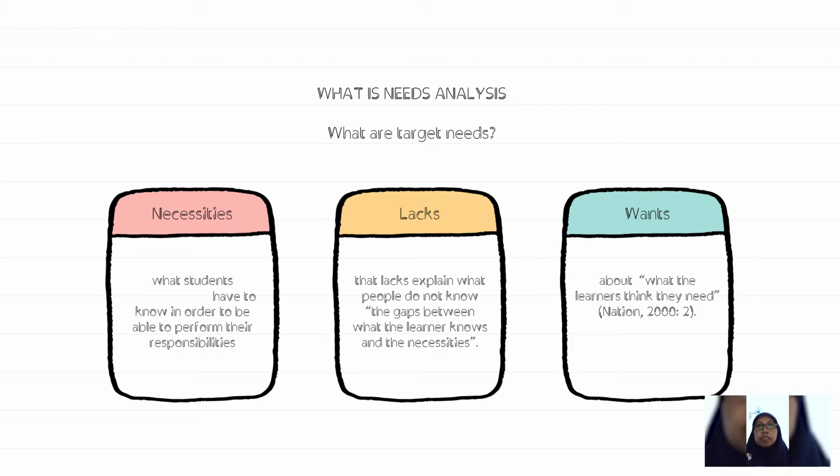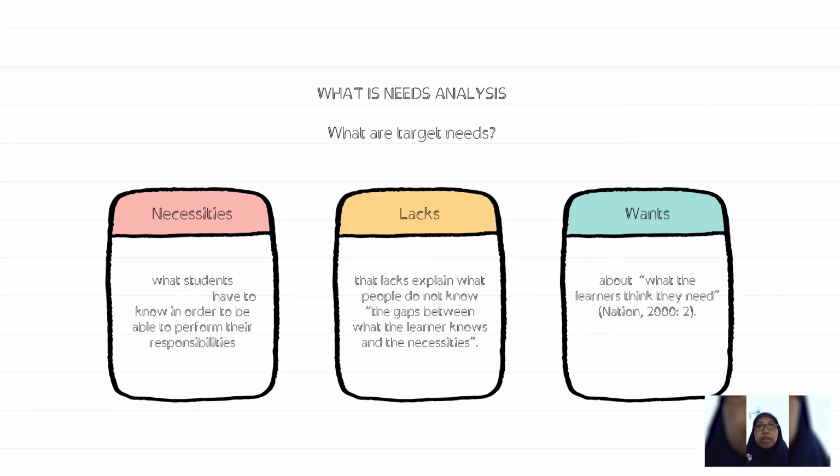John Munby proposes a set of procedures, the Communication Needs Processor or CNP, which consists of a range of questions about key communication variables such as topic, participants, media, etc., and it can be used to identify the target language needs of any learner group.